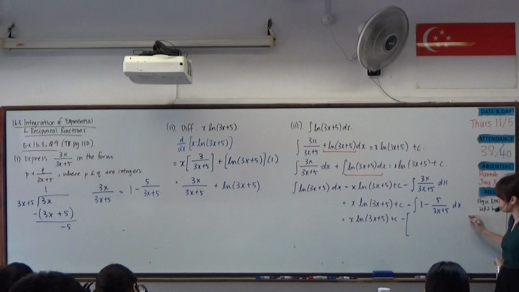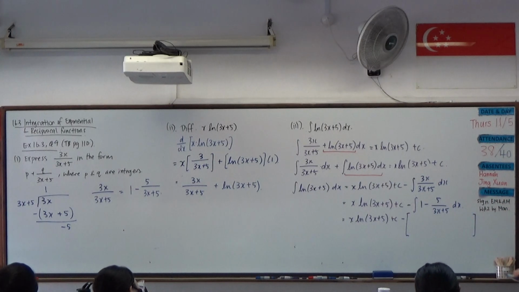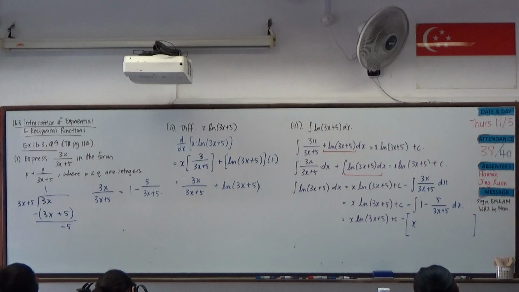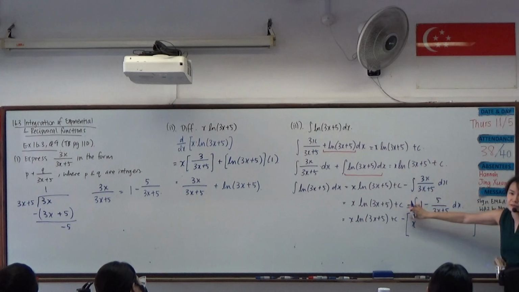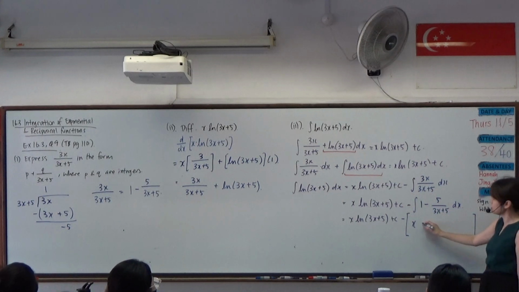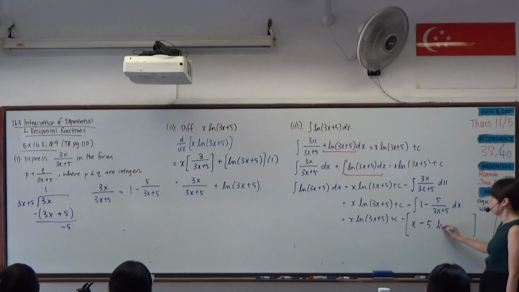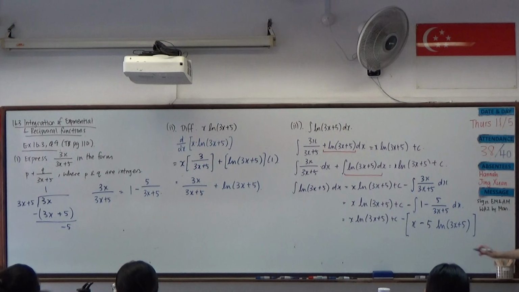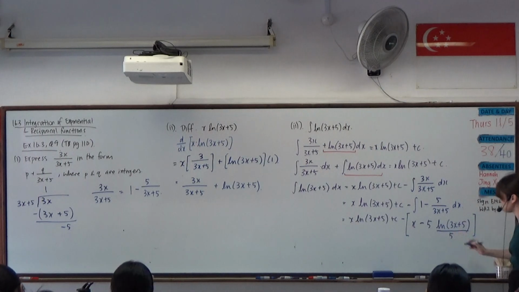So when I integrate, let's put our brackets around it. Integrating 1, I will get x. This 5 is just a multiple, we can bring it out of the integration, ignore it, and focus on 1 over 3x plus 5. So it is minus 5. 1 over 3x plus 5 integrates to be ln(3x plus 5) over 3.